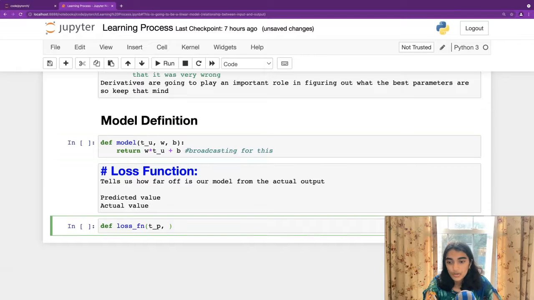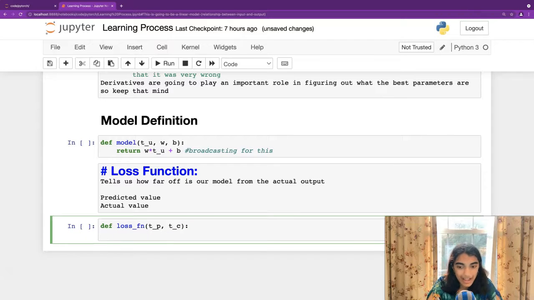So we can have TP, standing for temperature predicted, or TC, which is the temperature in Celsius, the actual output of the model. And so now we're dealing with 3 temperatures. The first one is the unknown unit temperature, the input that we initially started out with.